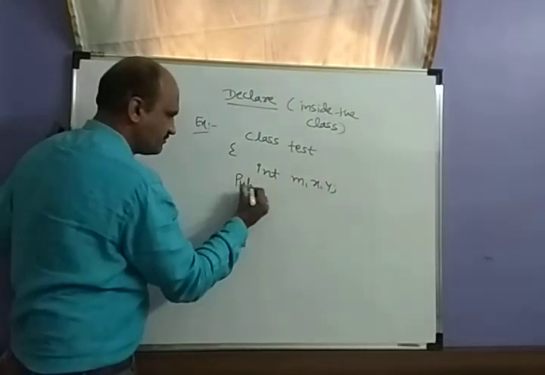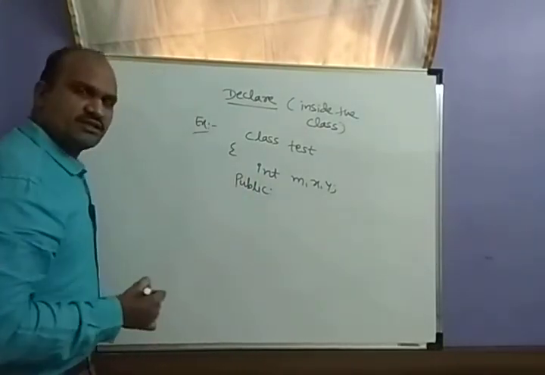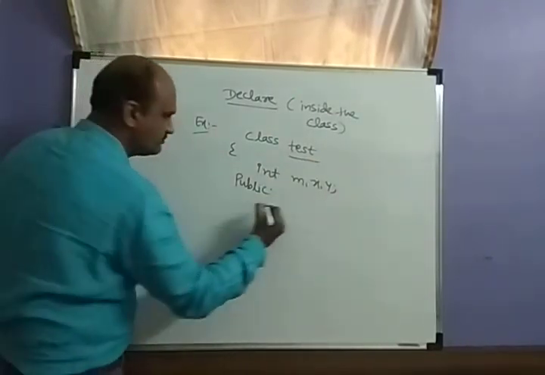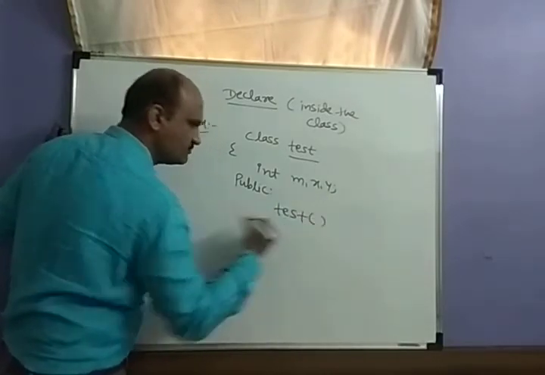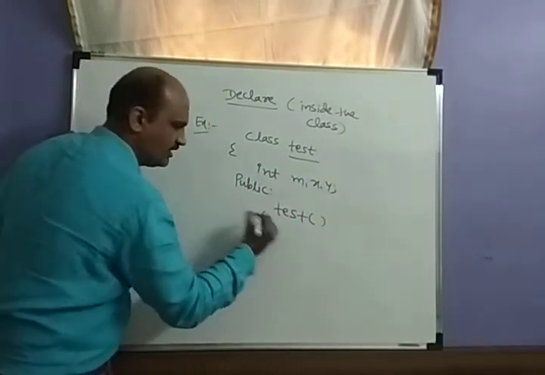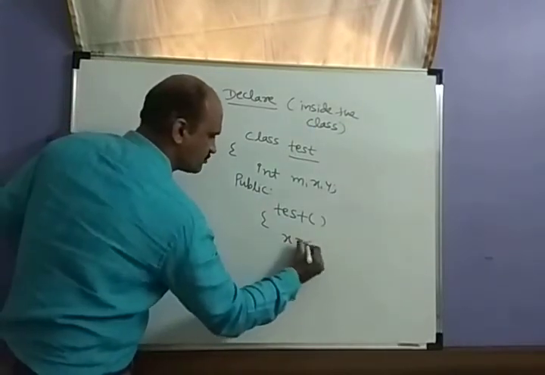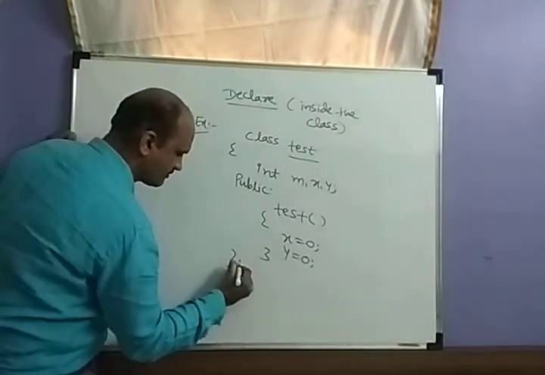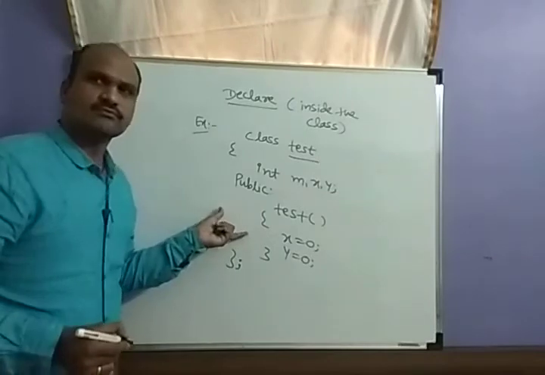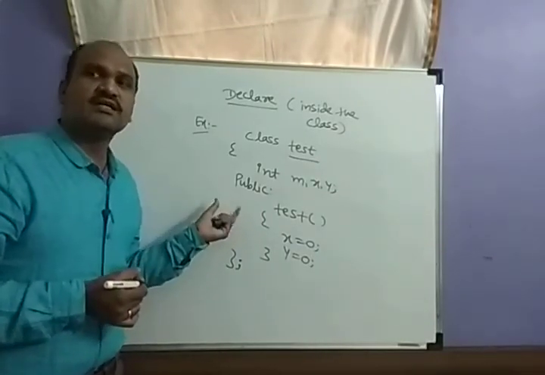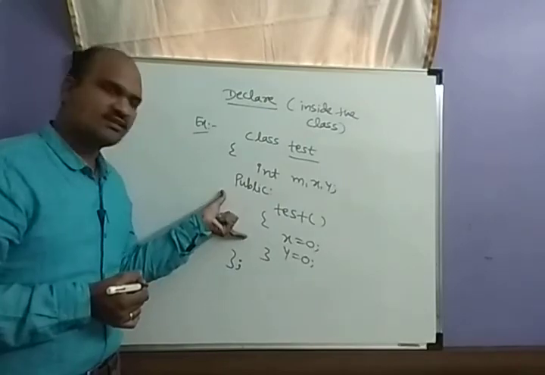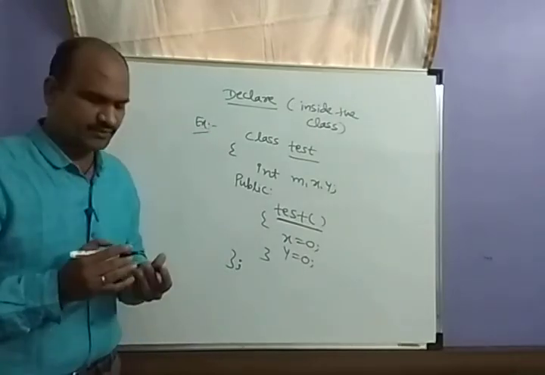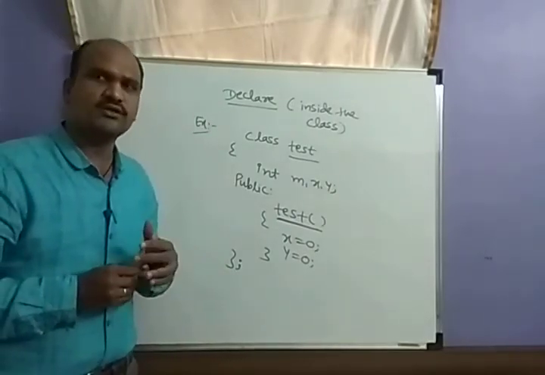Then in the public section we define the constructor, with the same name as the class name, so it is test. The body of the function will be x = 0, y = 0. Close this brace and close the class. This is how you declare the constructor inside the class, in the public section, with the same name as the class name. That is a very important point we should remember.